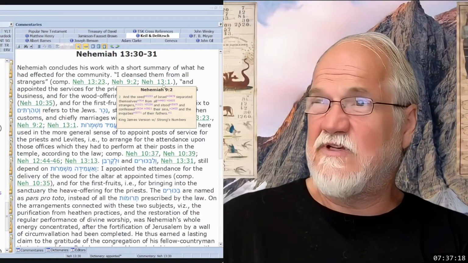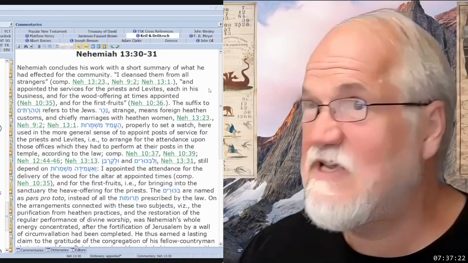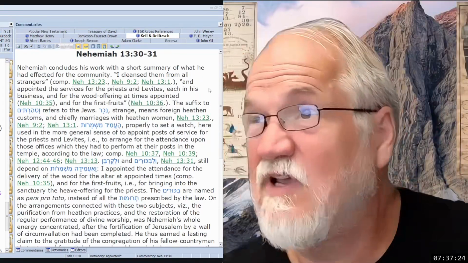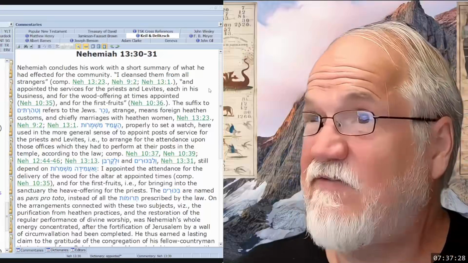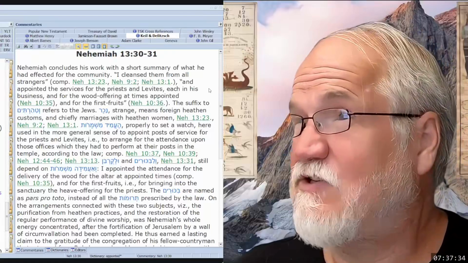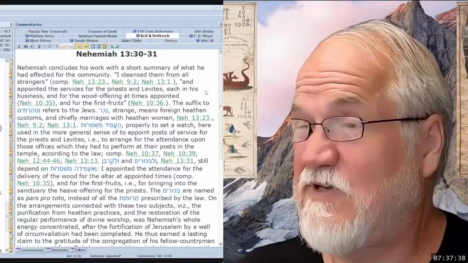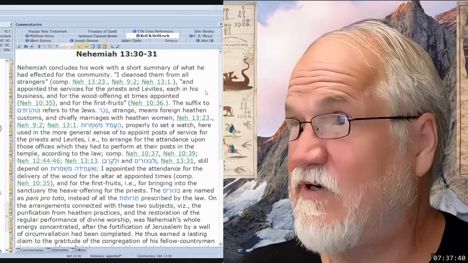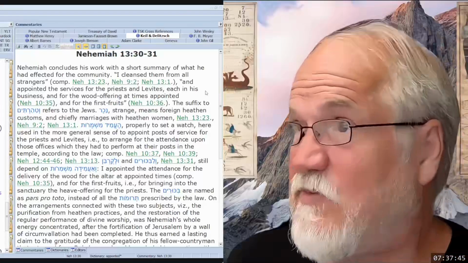Right, so it's just referring to this. "And appointed the services for the priests and the Levites, each in his business, and for the wood offerings at times appointed, and for the first fruits." The suffix here refers to the Jews, and then we have the word netar, which means strange or foreign, heathen customs, and chiefly marriages with heathen women.